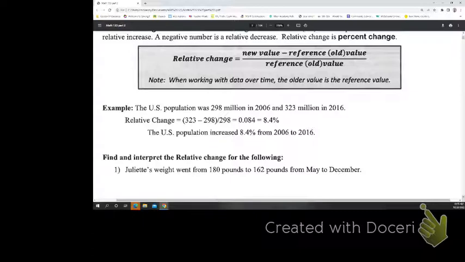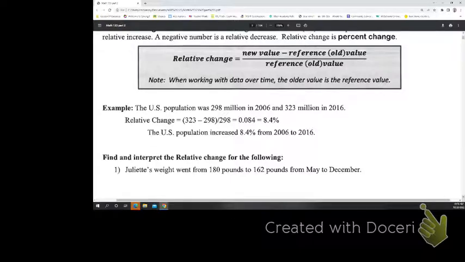So relative change is also called percent change. So we have to find the change, find out how much it changed, which is what we just did, and then we divide it by the original, the reference, the old value. So if there's two different times given, it's always the older of the things. If there's not two times, then we have to look at the wording to see which one is the reference. So an example, looking at the U.S. population, when we subtract that, we get the 25 million, right?